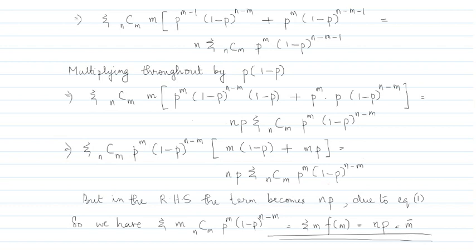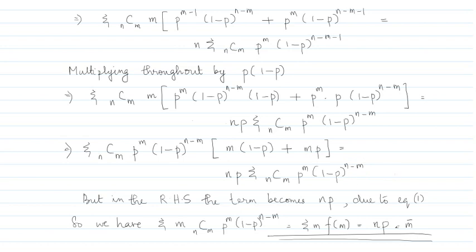So if you look at both the terms in the LHS and RHS, in the RHS I have this term np times summation nCm p raised to m 1 minus p raised to n minus m. Now what is this summation? This summation is nothing but q plus p raised to n.